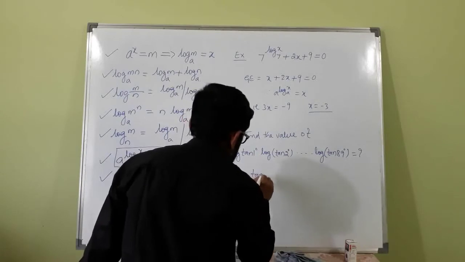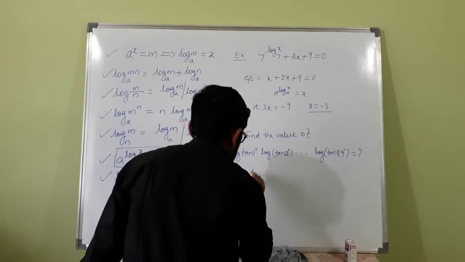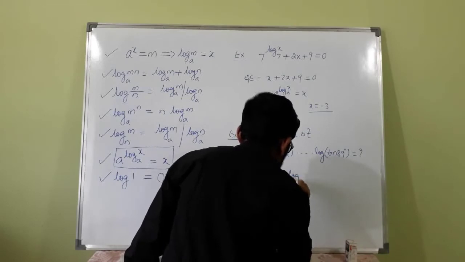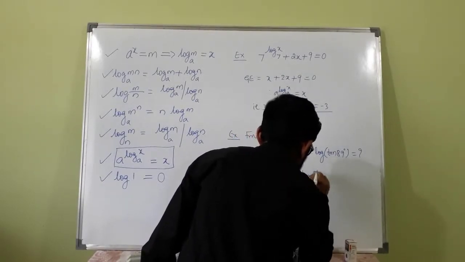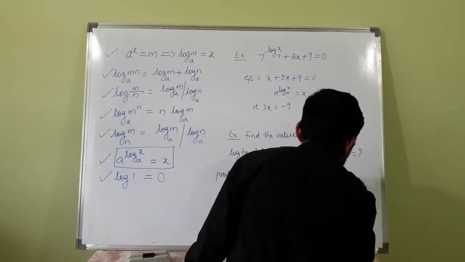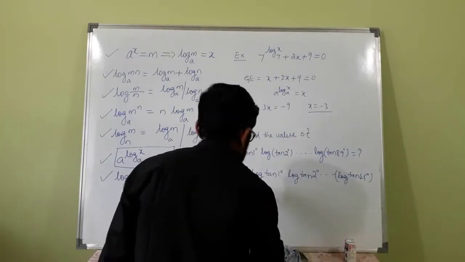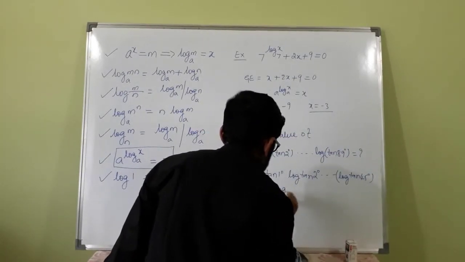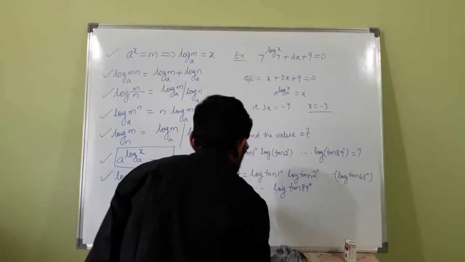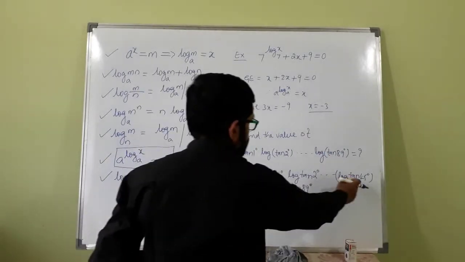Taking the log of the product: log of tan 1 degree, log of tan 2 degree, and so on up to somewhere here log of tan 45, and so on up to log tan 89.